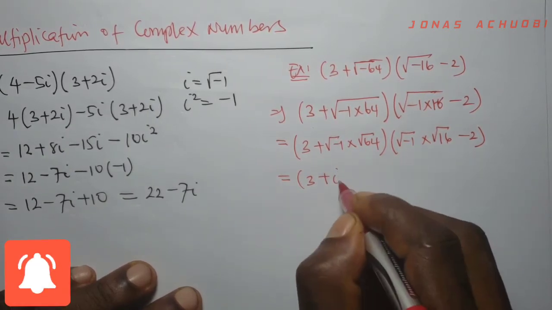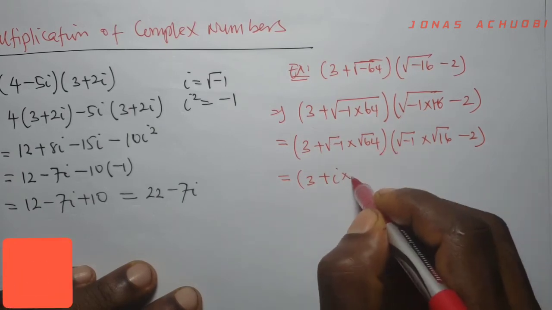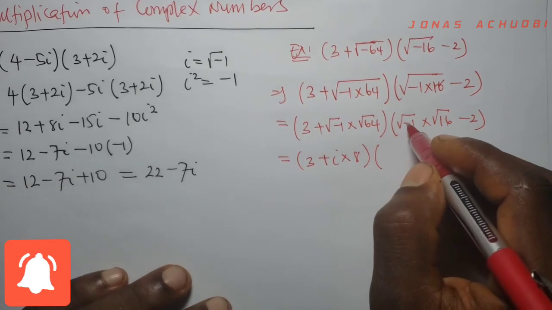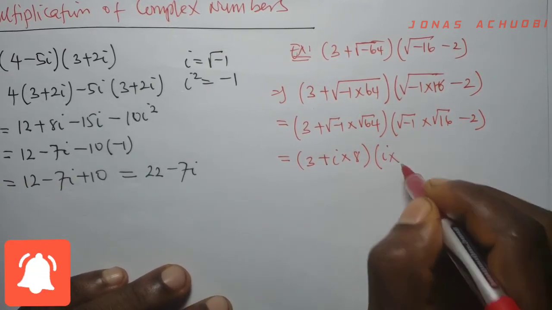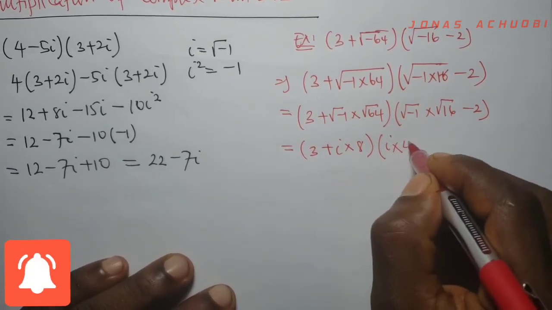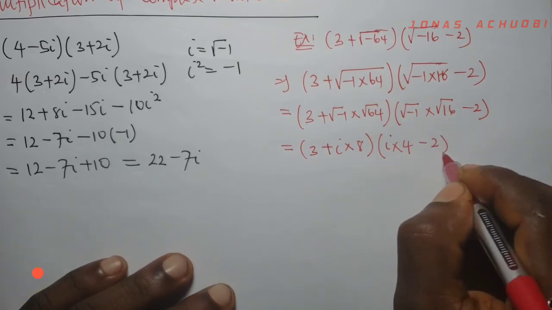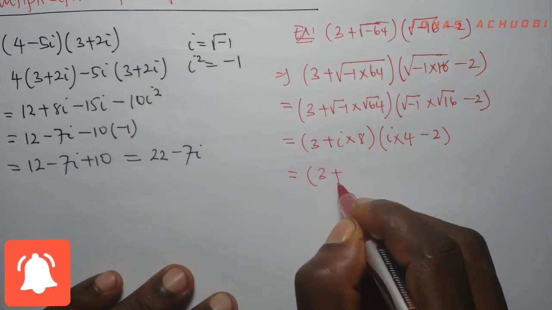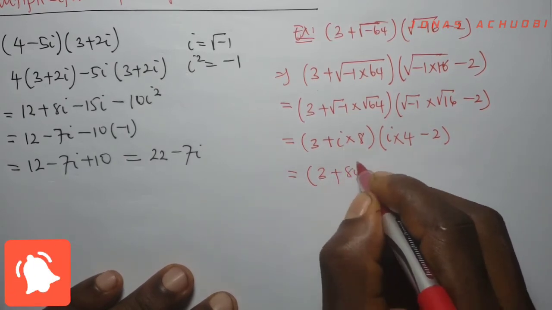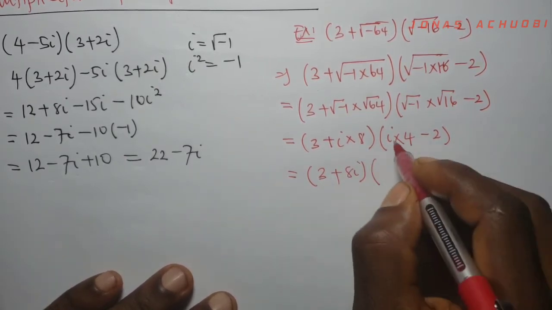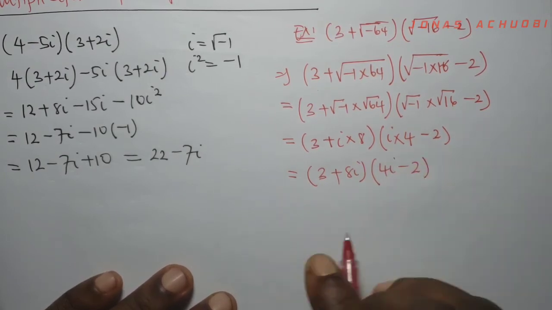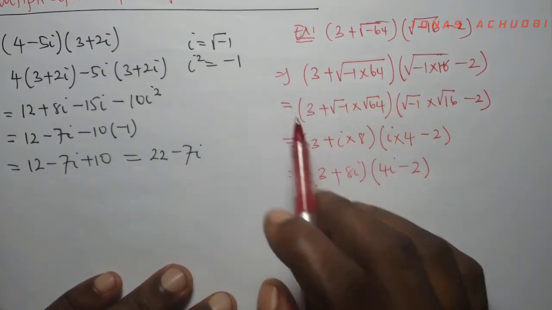So this is i times the square root of 64, which is 8, and the square root of minus 1 again we know is i, times the square root of 16 which is 4, minus 2. This gives us 3 plus 8i into i times 4i minus 2. So we have seen clearly now that what we had was a complex number.